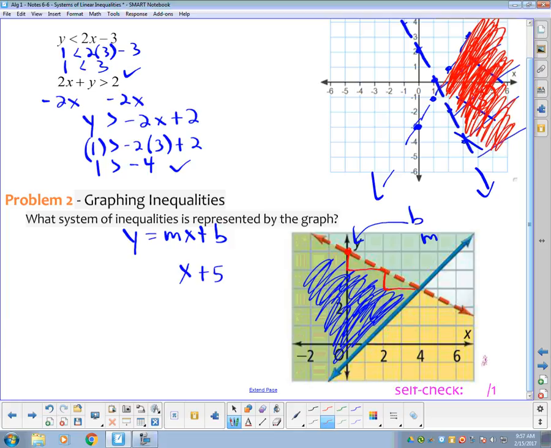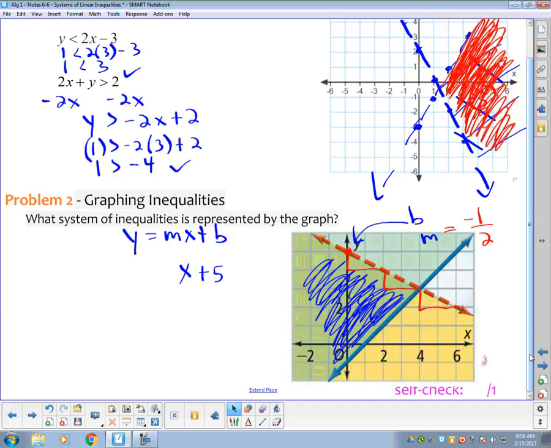Down 1, over 2. Down 1, over 2. So what does m equal if I'm going down 1? What's the top part of m? Down 1, negative. Negative what? 1. And if I'm going right 2, positive or negative? Okay, so m is negative 1 over 2.